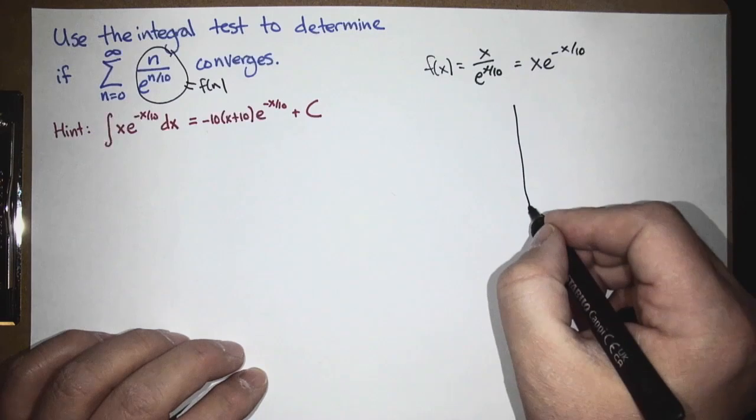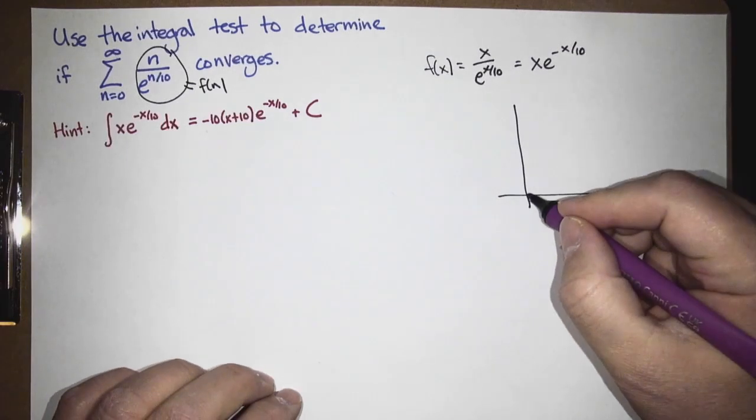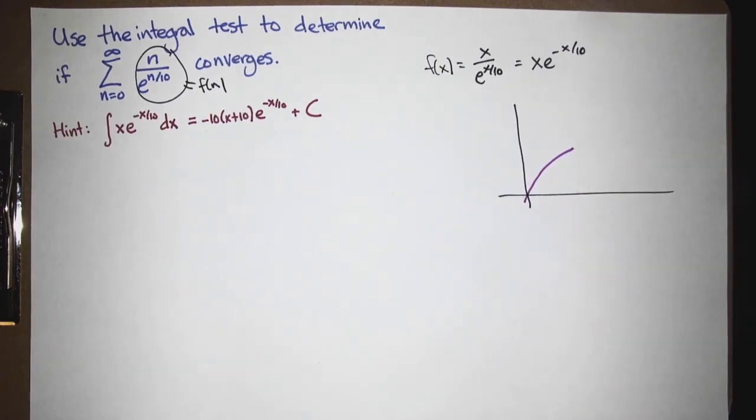Now, going back to the integral test, what is it we're looking for? Positive, continuous, decreasing. This function starts by doing this. It's not decreasing, it's going up.